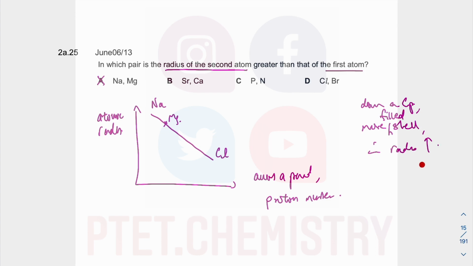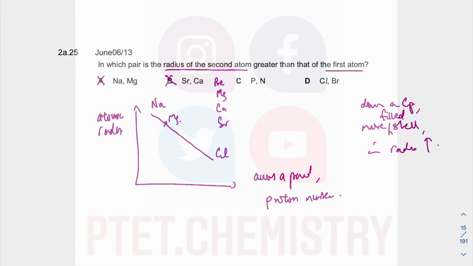In group 2, calcium is above strontium. I'm talking about beryllium, magnesium, calcium, strontium. So strontium has an additional electronic shell compared to calcium. Strontium will be bigger than calcium. So again, strontium is bigger than calcium, so that's not what you want.